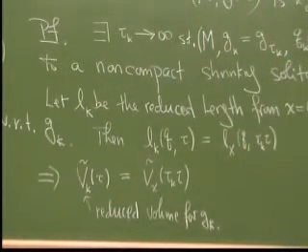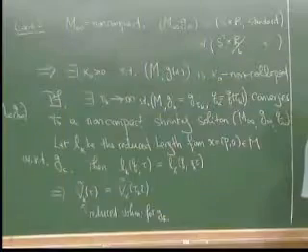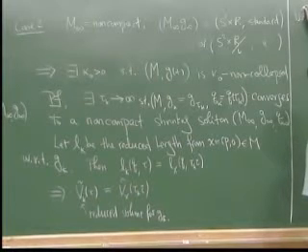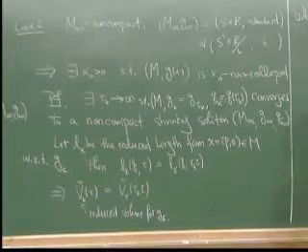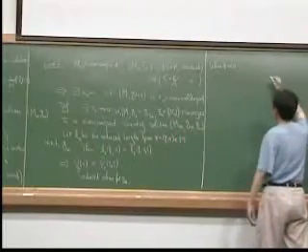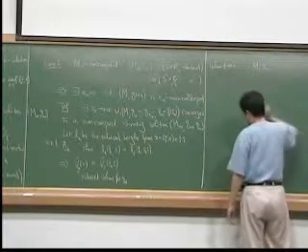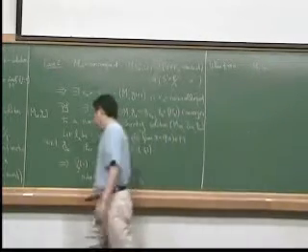Now when k is sufficiently big, what we have is this. I just draw the map here.